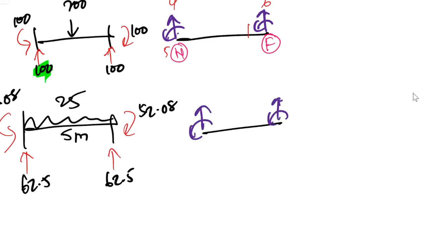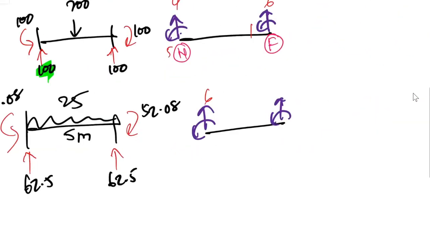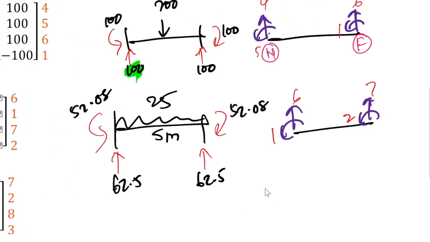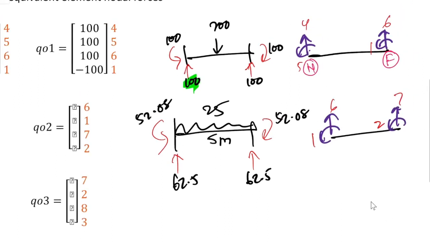For element number 2, the labels are 6172. So we compare just like what we have done just now.